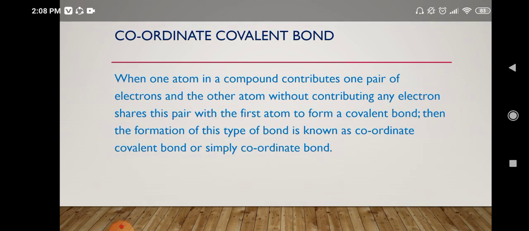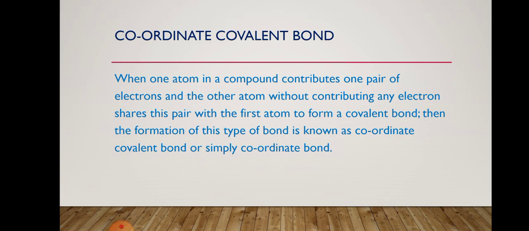Next, I would like to discuss coordinate covalent bond. A coordinate covalent bond forms when one atom in a compound contributes one pair of electrons. Please give attention, please.